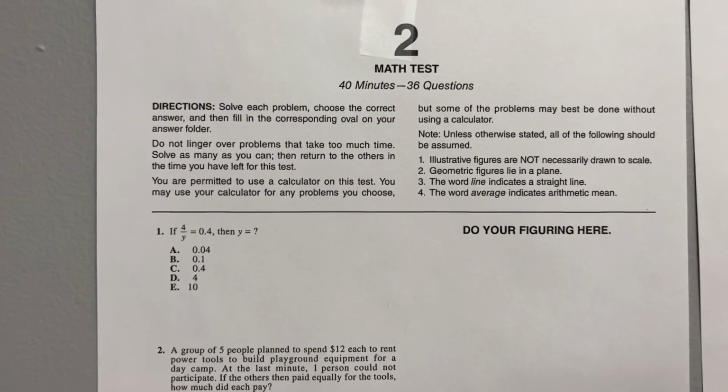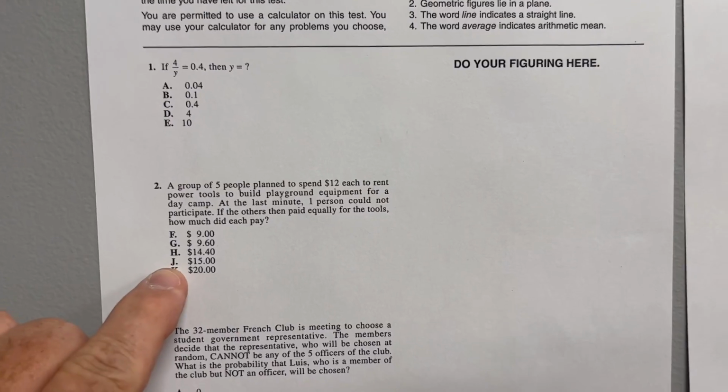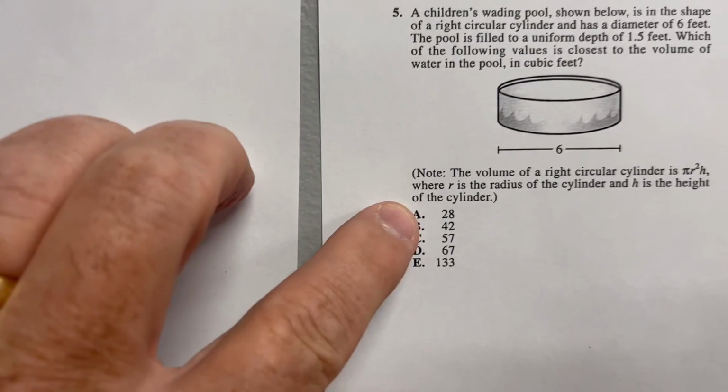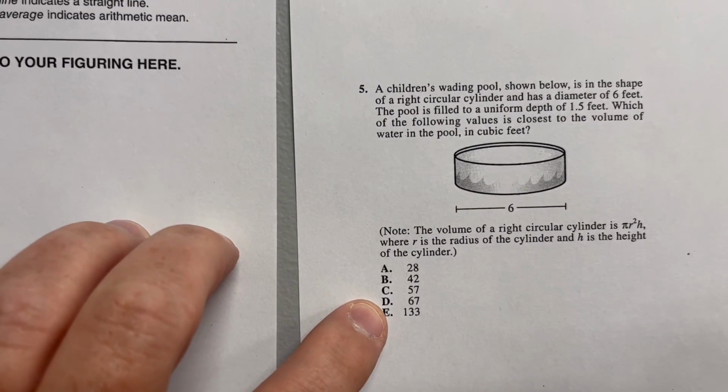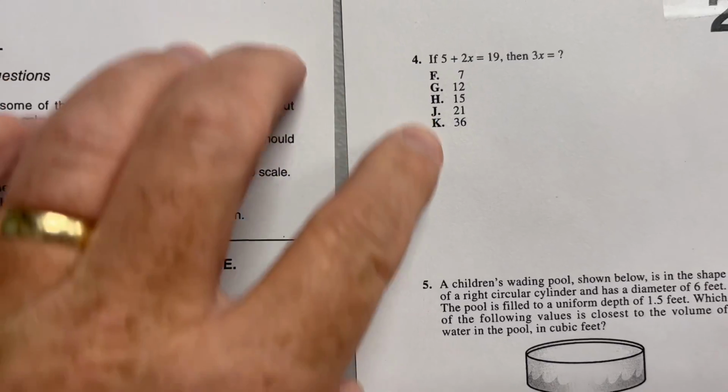That's your English test. Then your math test is what you would expect. Again, you can read the directions here, but you're just solving. You've got all the answers right in front of you. Notice how on the ACT, the foils, that is to say the answers to choose from, almost always go from least to greatest.